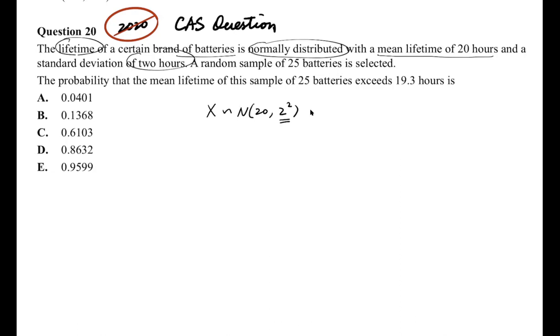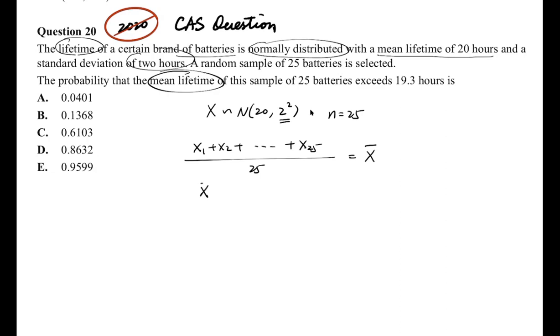A random sample of 25 batteries is selected, so n equals 25. The mean lifetime, which means the average lifetime, is like x1 plus x2 plus blah, blah, blah. You add the 25 distributions up and divide it by 25, okay? So this is your sample mean distribution. And X bar should be following the normal distribution with the same mean value 20, but now the variance should be 2 squared over 25, okay?